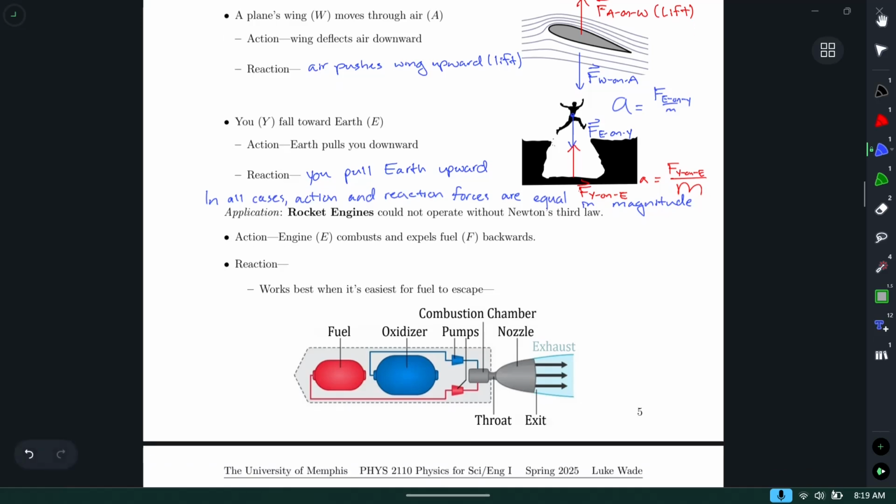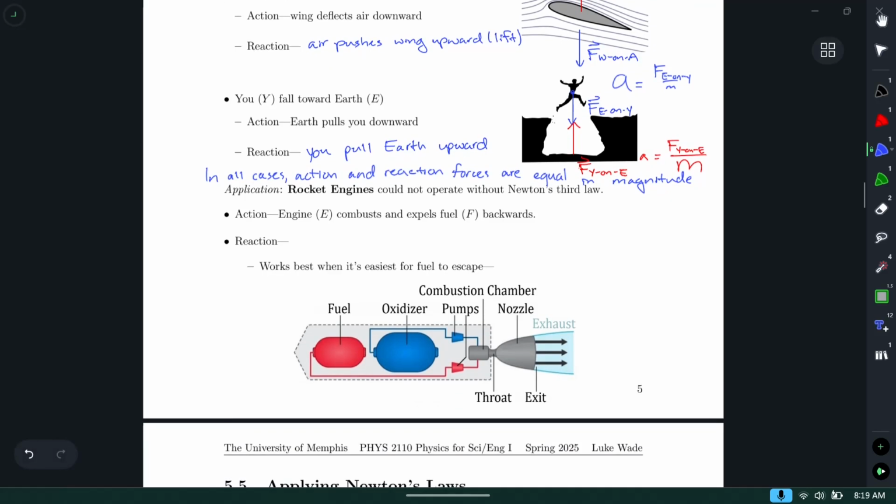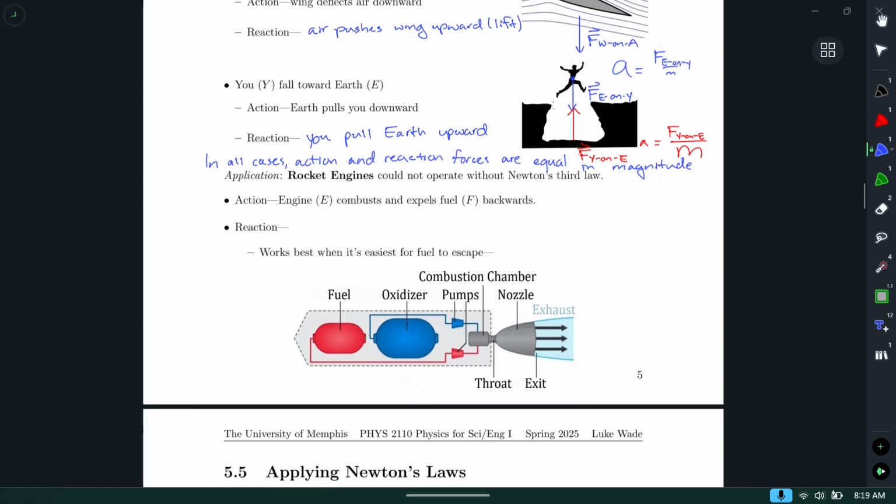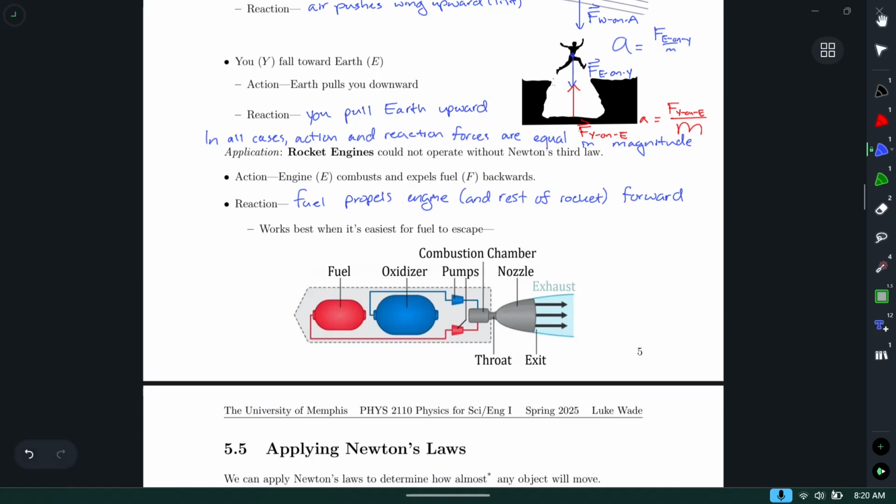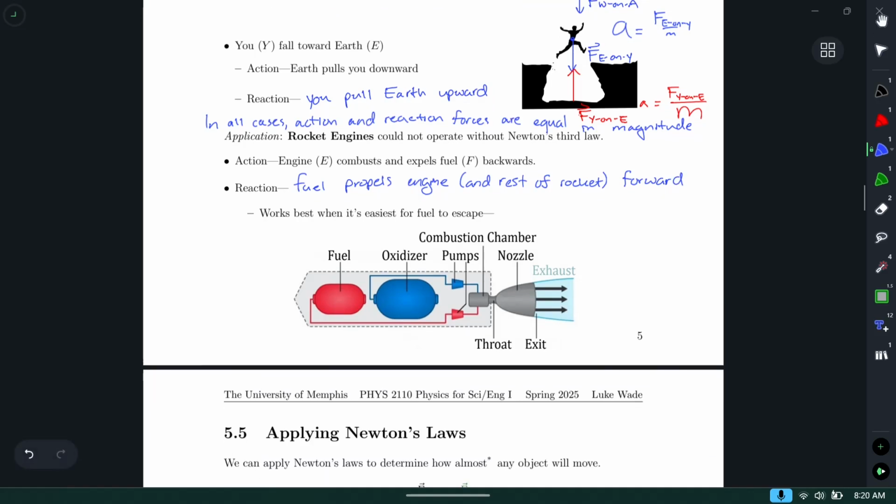In this case, as the engine expels exhaust, the combusted fuel, whatever sort of liquid propellant it's got, the reaction is that the fuel propels the engine and whatever's attached to it, so the rest of the rocket, forward.